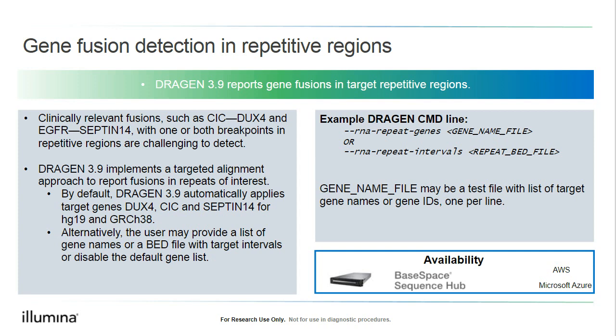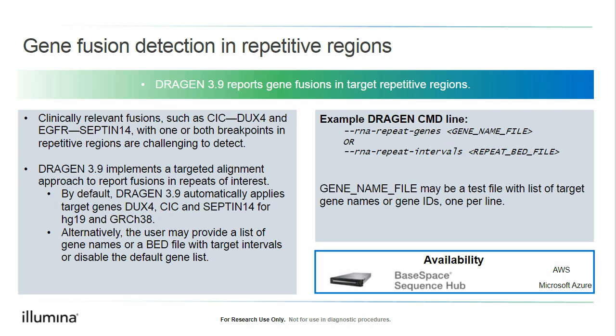So in 3.9, we have implemented a targeted alignment approach to report fusions in these repeats of interest. By default, internally within DRAGEN, we will automatically apply this to these target regions, DUX4, IC, and Septin14, for HG19 and HG38.